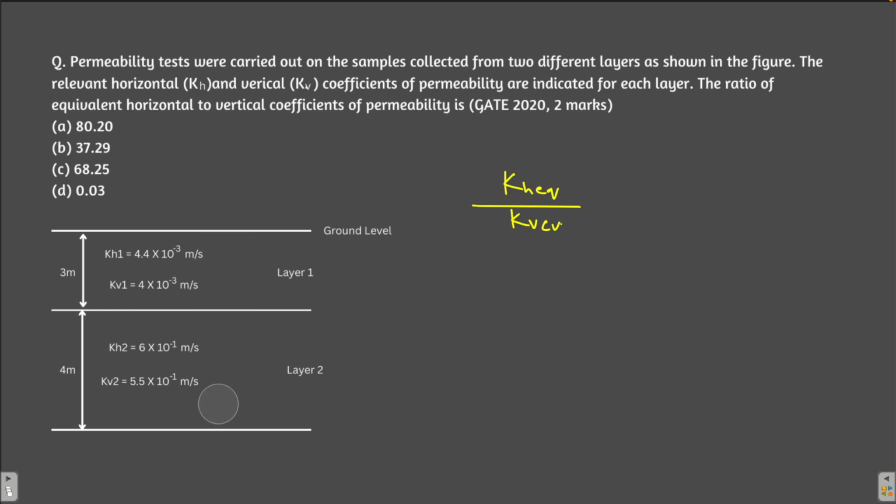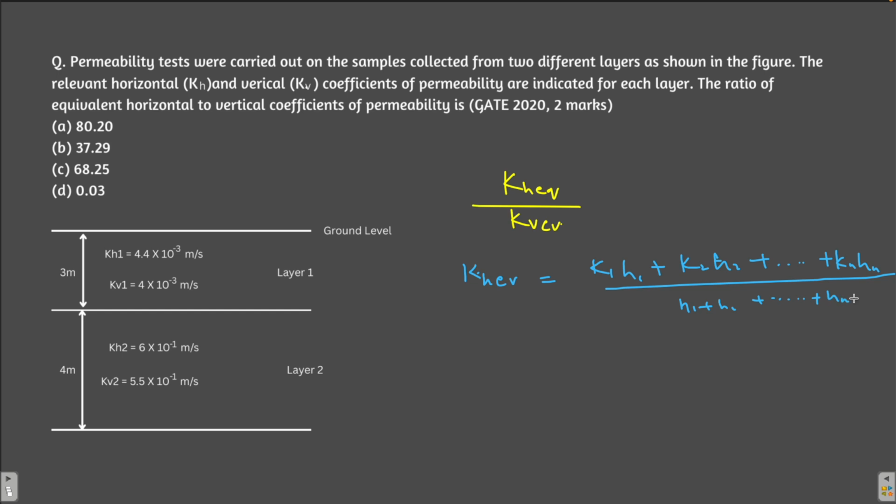Right now, let's simply go into the formula. The horizontal equivalent permeability is equal to K1 H1 plus K2 H2 plus up to Kn Hn, suppose there are n number of layers, divided by H1 plus H2 plus up to Hn.